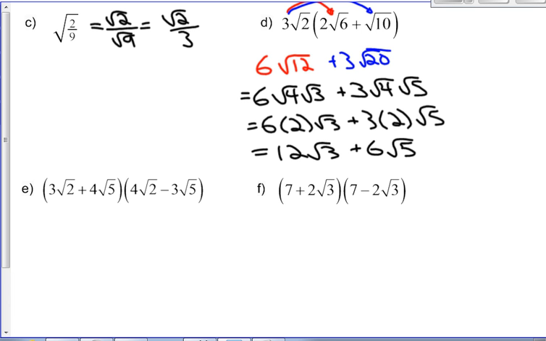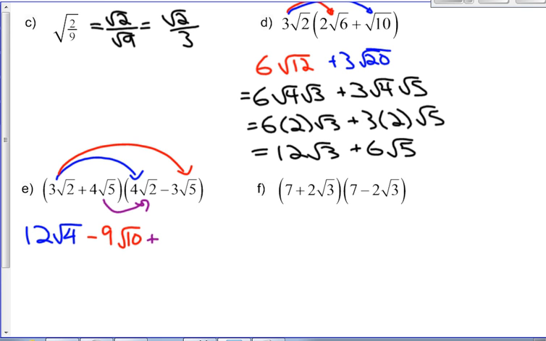We can also distribute when we have binomials. So same thing is going to happen here. I'm going to multiply these together. That will give me 12 times the square root of 4. This will be negative 9 times the square root of 10. Okay, let's get another color on the go here.